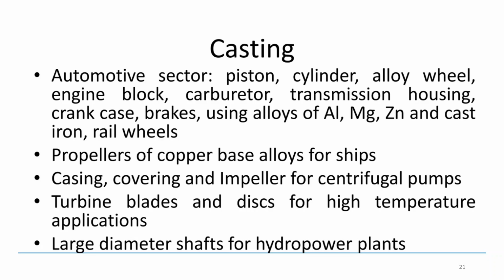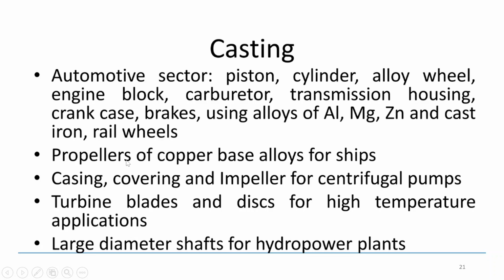Firstly, in the automotive sector, in this case, pistons, cylinders, alloy wheels, engine blocks, carburetors, transmission housing, crankcase, brakes, these all use alloys such as aluminum, magnesium, zinc and cast iron, and rail wheels, all these are made using casting.